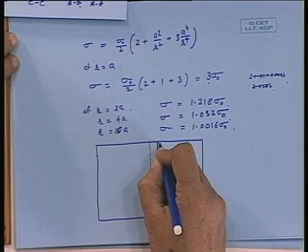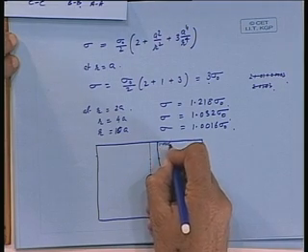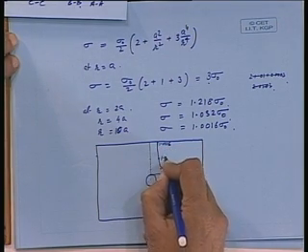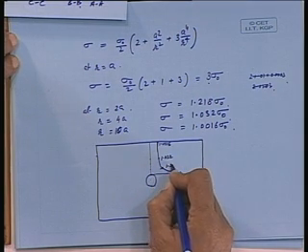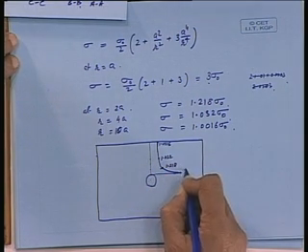So this let us say is 1.0016, this value is 1.032, this value is 1.218, this is 3.